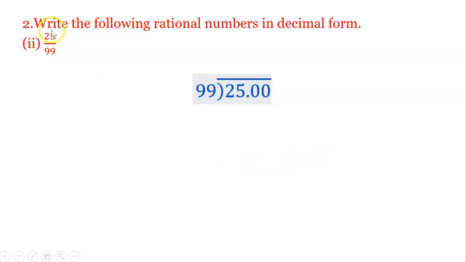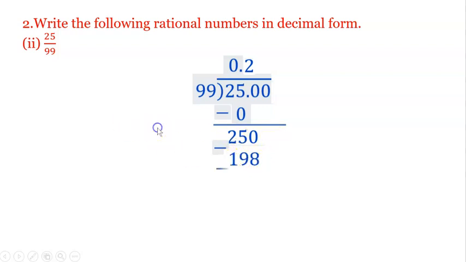Next, 25 upon 99. Again 25 is less than 99. The division of 0. 0 into 99 gives 0. Subtraction gives 25. Give the decimal point and put one more 0 on 25, then you get 250. 99 into 2 gives 198. 250 minus 198 gives 52.